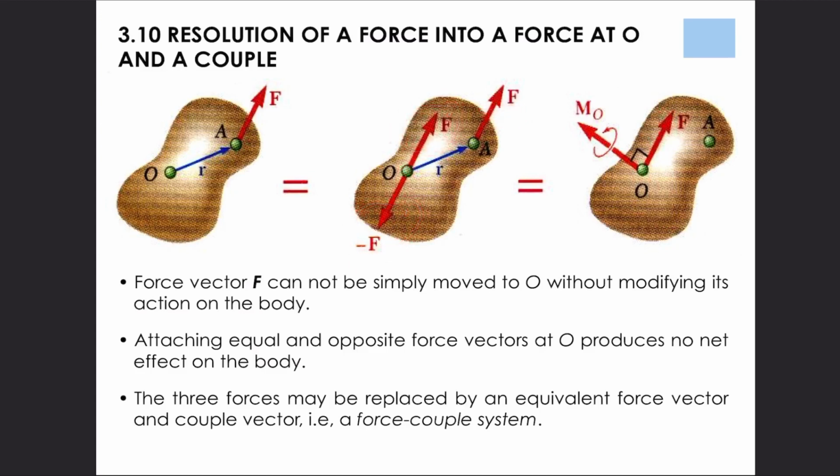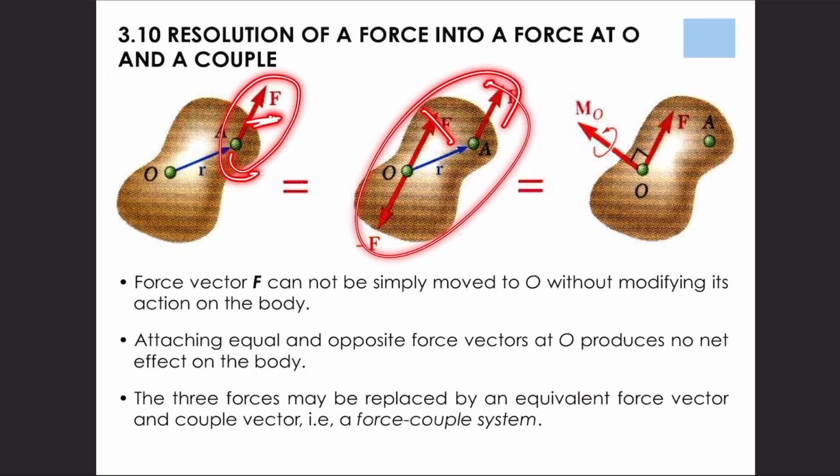So the two cancel out, so it actually has no effect. Attaching equal and opposite force vectors at point O produces no net effect on the body. So there is no effect on the body. Whatever effect is caused by this force, it is still the same. They cancel out.